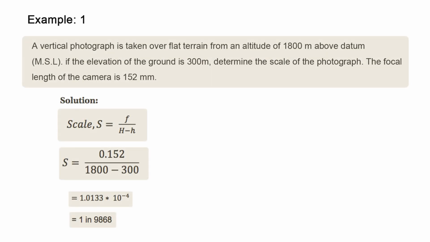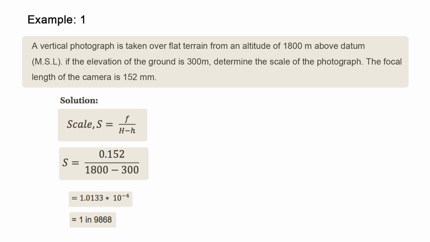For example, assume the drone is flying 1800 meters above sea level, the ground elevation is 300 meters, and the focal length of the camera is 152 mm. The scale can be calculated using the formula scale, denoted by capital S, is equal to small f divided by capital H minus small h.